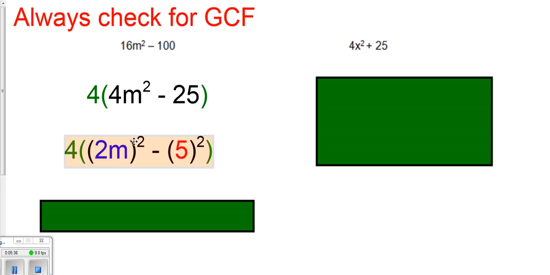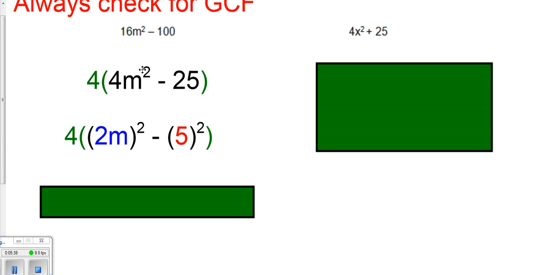Now we recognize on the inside, right here and here, this piece is 2m to the power of 2, because 2m times 2m is 4m squared. This piece is 5 to the power of 2, because 5 times 5 is 25.